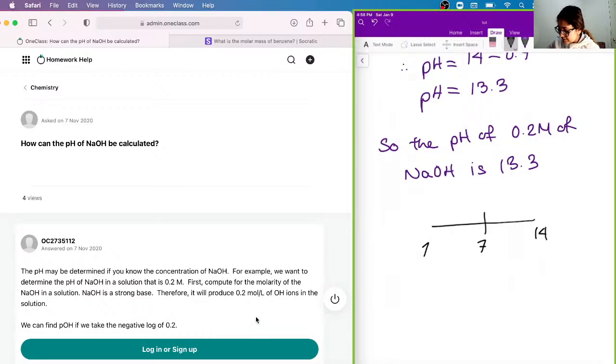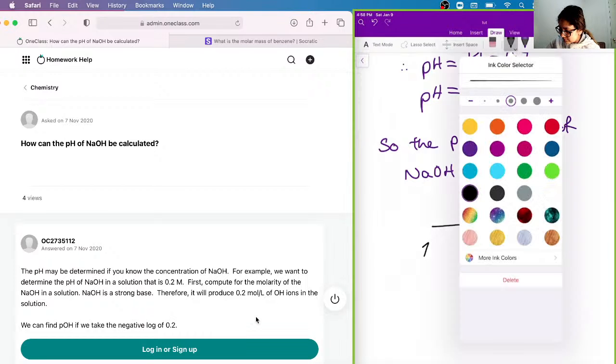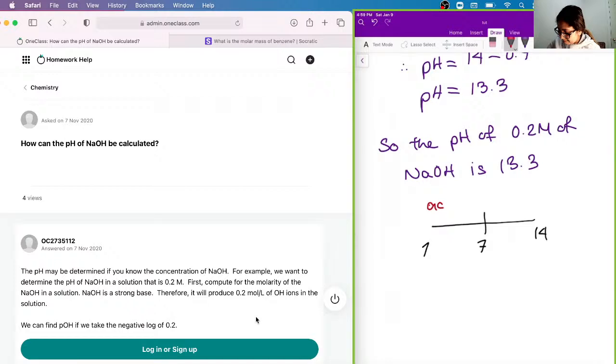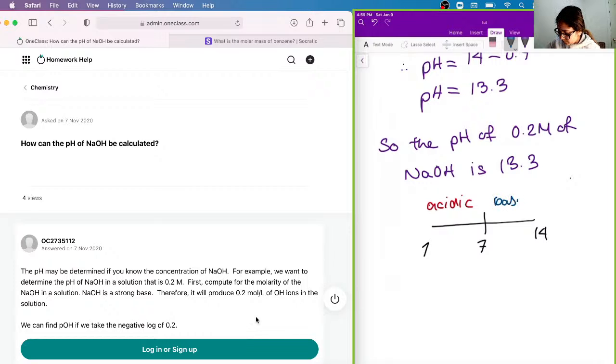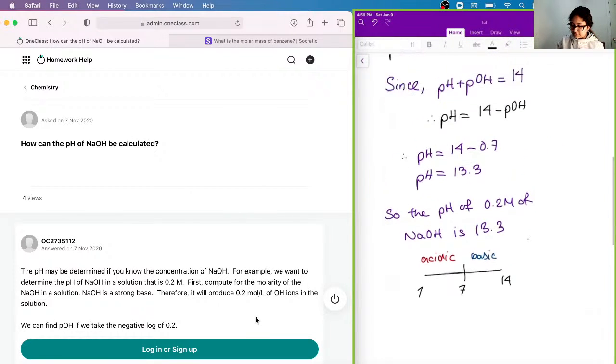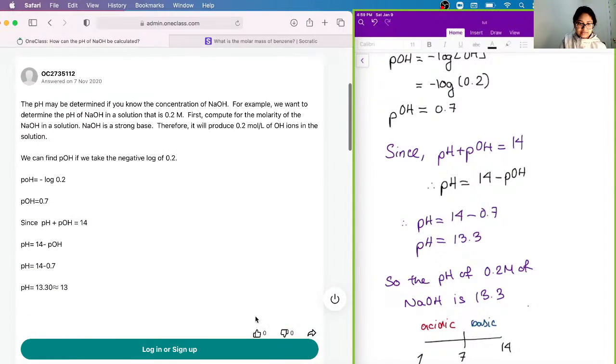This side is acidic, and this side is basic. The closer you get to 14, the more basic, or the stronger a base, it is. So we know that NaOH is very strong because it has a really high pH. And this makes sense.